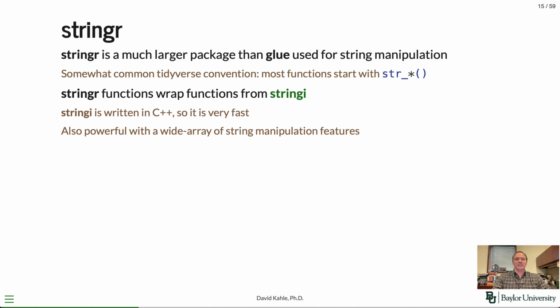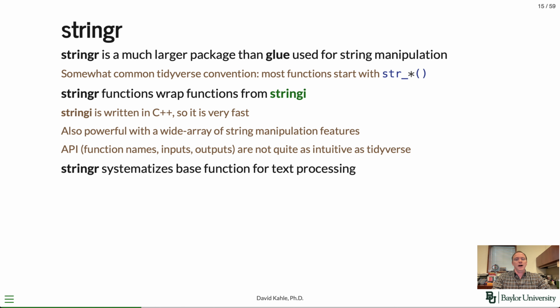So the intention, I guess, is to smooth it out a little bit more to make it a little bit more tidyverse-like than stringi is by itself, okay? But you could certainly use stringi by itself and it would work just fine, okay? So the names are not quite as intuitive as the tidyverse would like to provide, and so that's why you get stringr, okay?